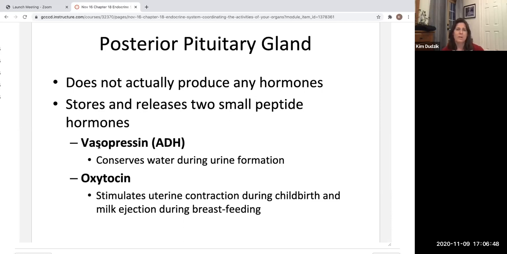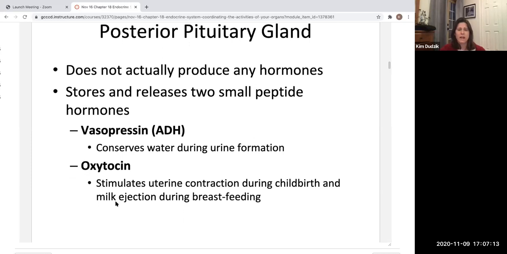The target cells of oxytocin are the muscle cells of the uterus, and it will cause it to contract, and that contraction again will be a signal to the hypothalamus to release more oxytocin, and so on and so forth. It also functions after birth during breastfeeding, to help eject the milk. Okay, so that's oxytocin.